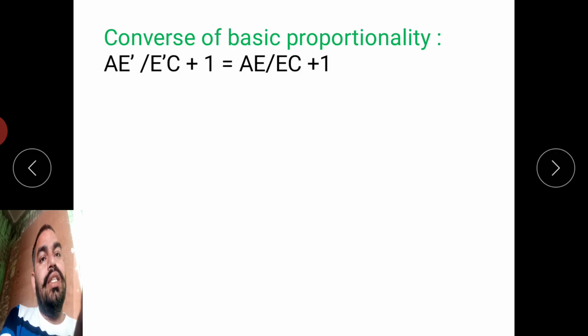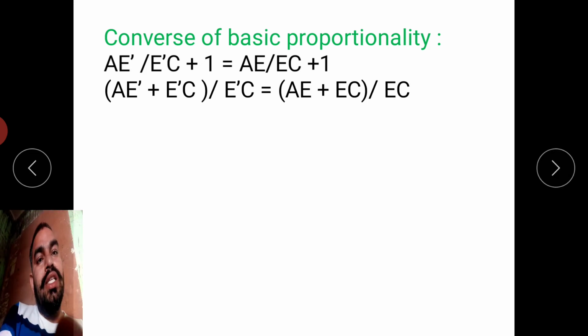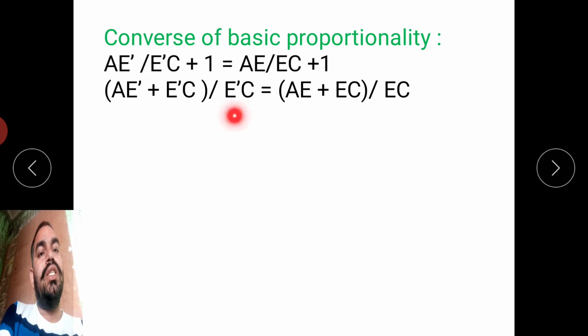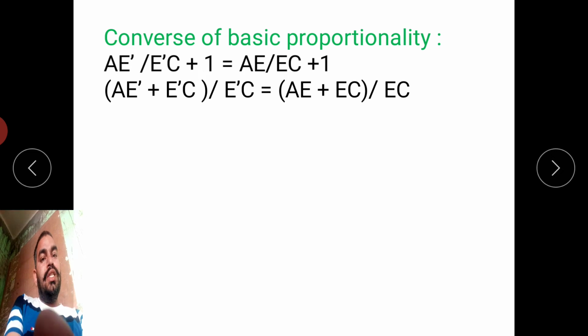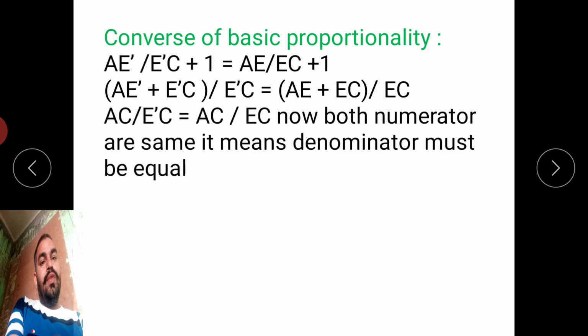Then AE dash upon E dash C plus 1 equals AE upon EC plus 1. Taking the LCM, which is E dash C, we get AE dash plus E dash C upon E dash C. Similarly here, AE plus EC upon EC. Then AE dash plus E dash C gives us AC, so AC upon E dash C equals, here AE and EC also give us AC, upon EC.